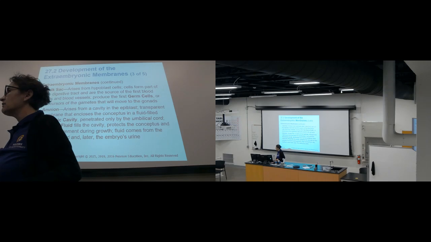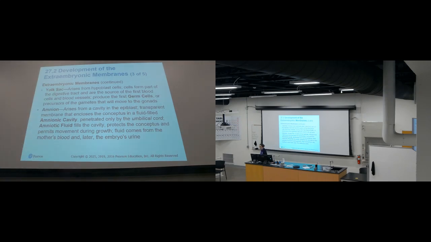The yolk sac specifically arises from the hypoblast, and it's going to form part of the digestive system and start forming early red blood cells in the baby. It's also going to form the germ cells, or precursors of gametes, that eventually will go into the gonadal ridges that are going to form part of the reproductive system.